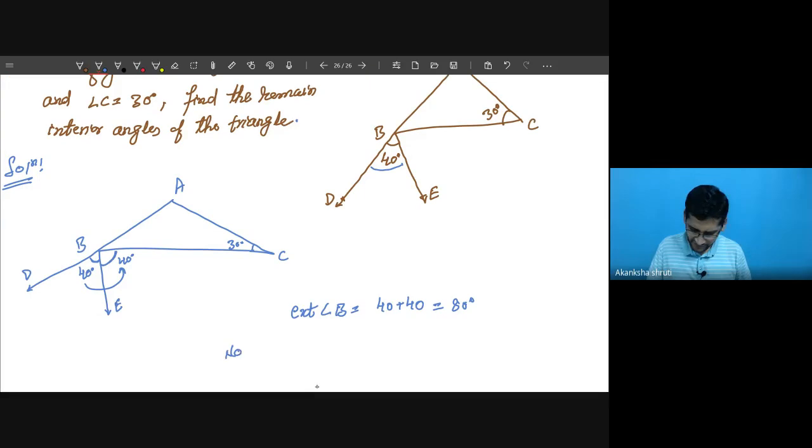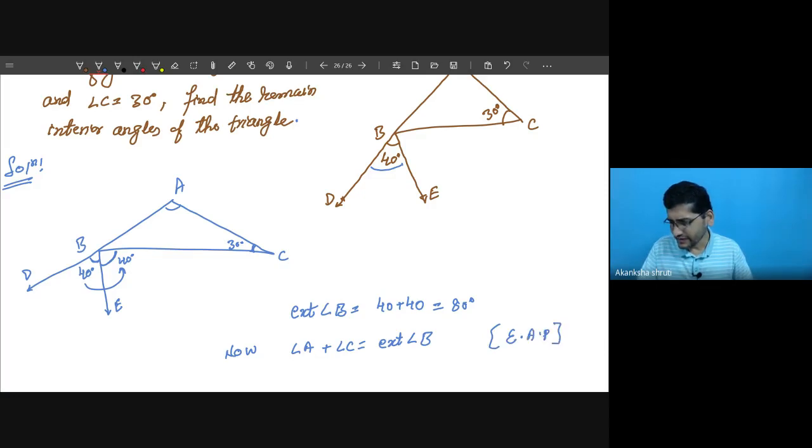Now, this angle A plus angle C is equal to exterior angle B. Can we write like this? Using the exterior angle property of a triangle, we can write for exterior angle B, this entire one is the exterior angle.